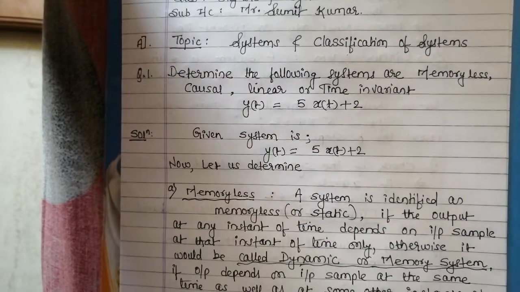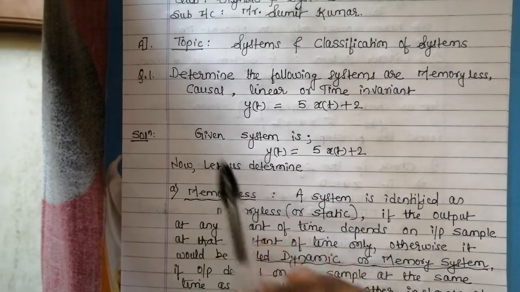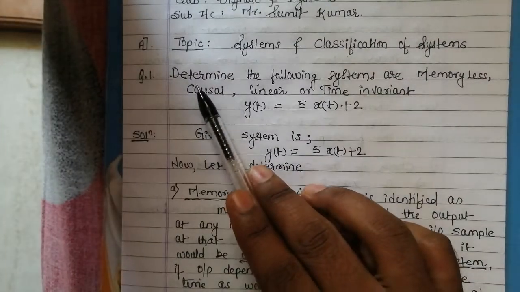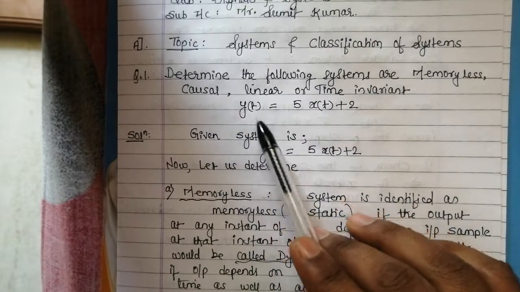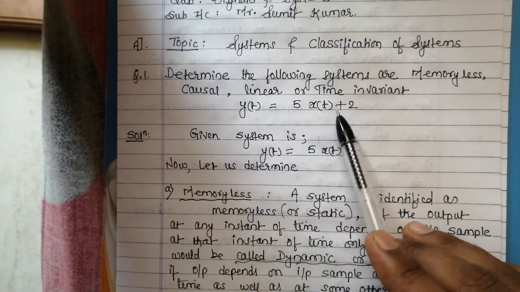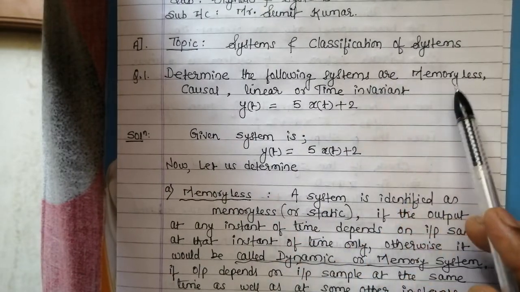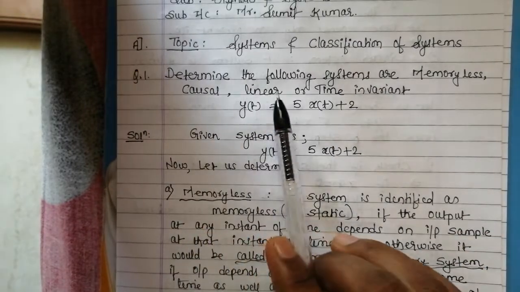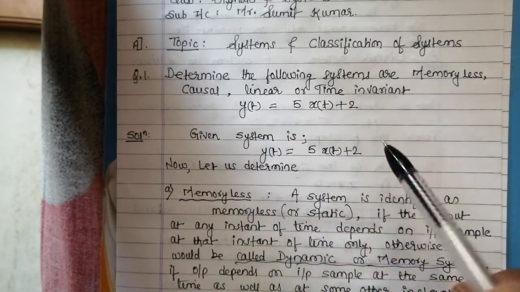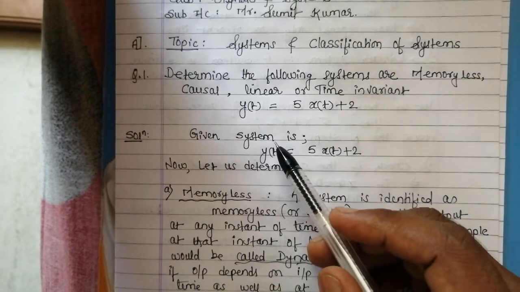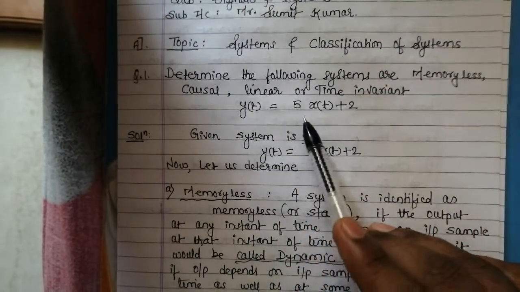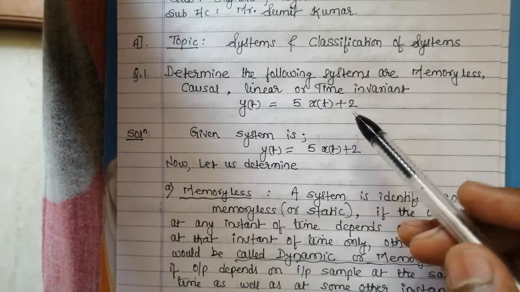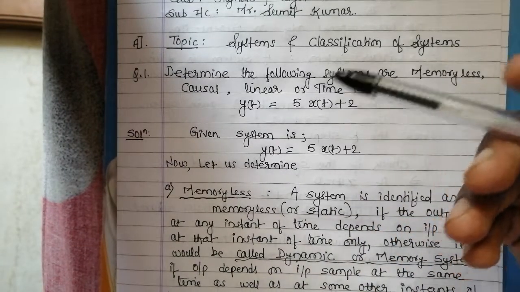As you can see here, question number 1 states that we have to determine whether the following system, that is y of t equals 5x of t plus 2, is memoryless, causal, linear or time invariant.